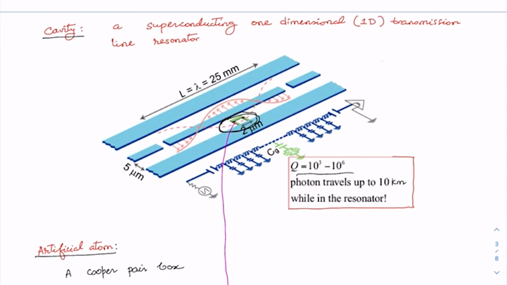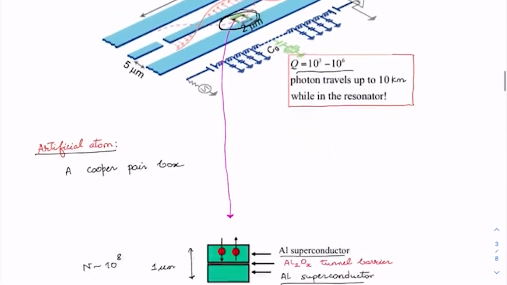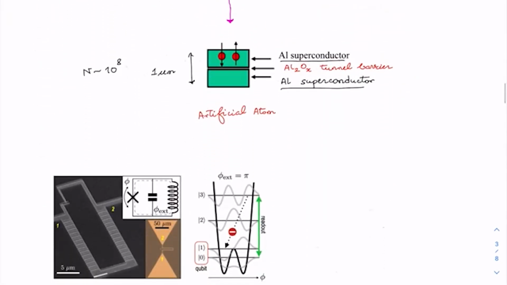That means the microwave photons can travel up to 10 kilometers while in the resonator. Now in a superconductor, as I said, electrons travel in pairs called Cooper pairs without any electrical resistance, and the Josephson junction is a small barrier that facilitates tunneling. Here this is the Josephson junction, which facilitates tunneling of electrons from one half of the antenna to the other half due to quantum mechanics.